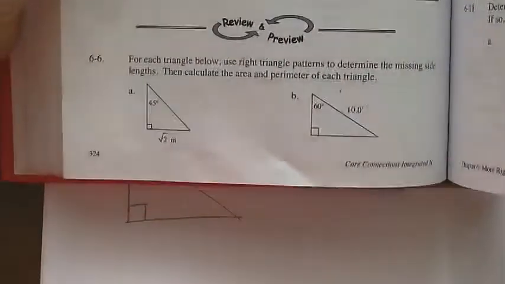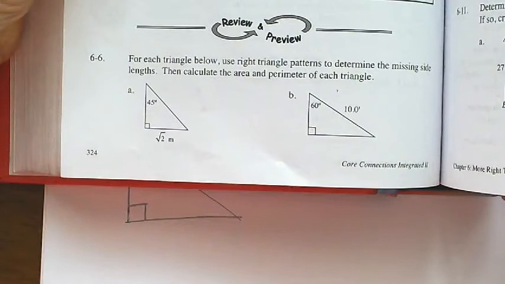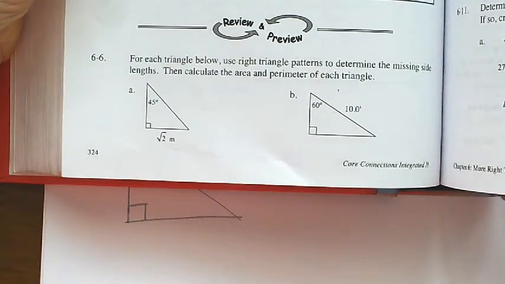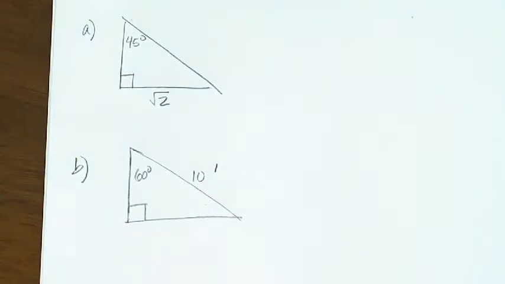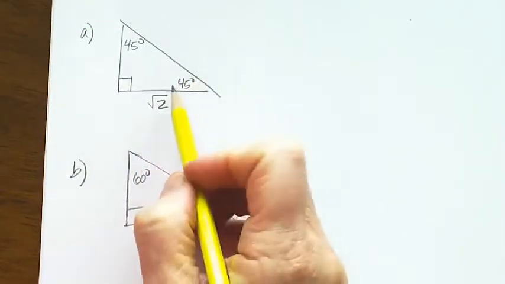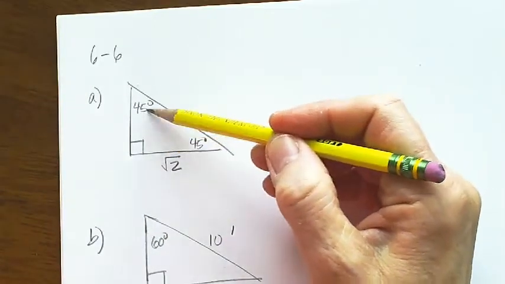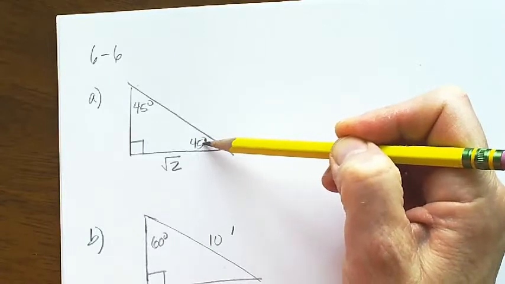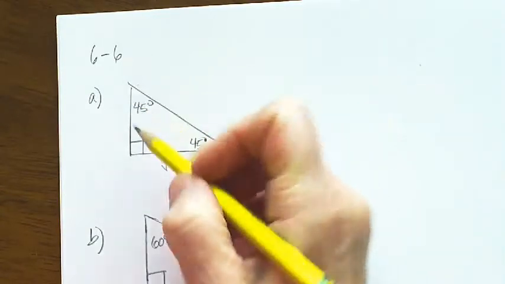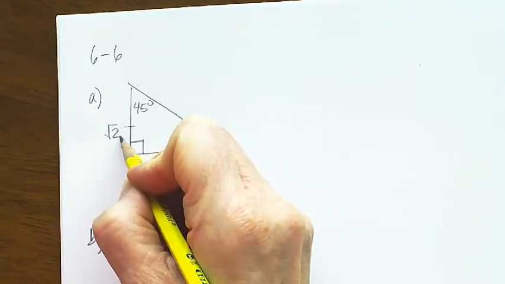It says to use right triangle patterns to determine the missing side lengths, then calculate the area and perimeter of each triangle. Okay, well, this is a 45, 45, 90 triangle. Even though it didn't give me 45 right here, I can easily figure that out. Add these two together, subtract from 180. This is 45 degrees. So then these two sides are equal. So this must be square root of 2.